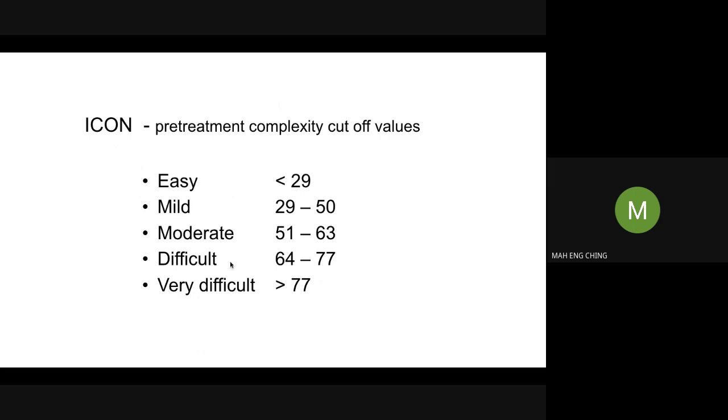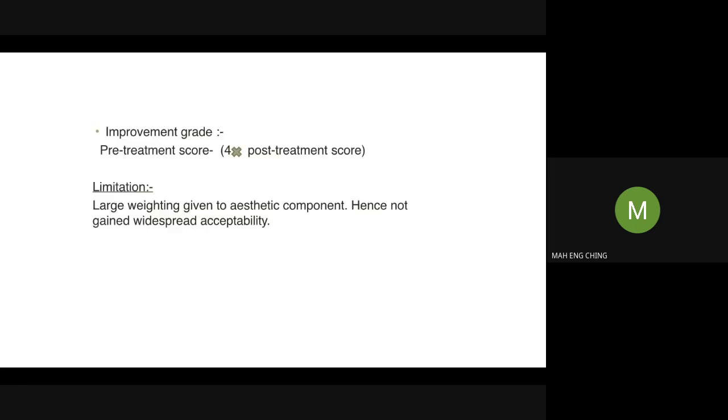Same thing, they classify the patient's complexity as easy, mild, moderate, difficult, and very difficult. Then the improvement grade is the pre-treatment score minus 4 times the post-treatment score. Don't ask me why they come up with this formula. Again, it's based on the 97 orthodontists' opinion.